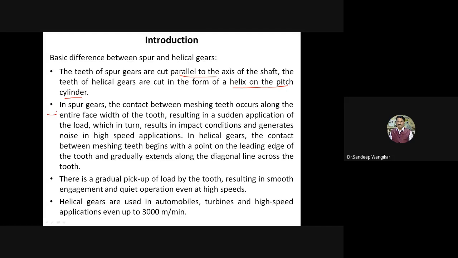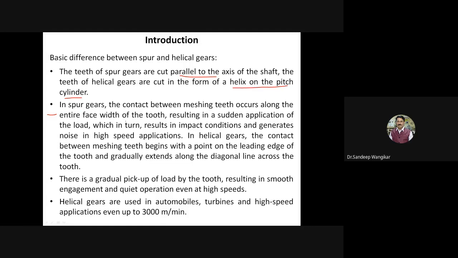Therefore, direct line contact is there, and the teeth mesh with each other along the entire face width. So this is a line contact resulting in sudden application of load. One tooth applies the load on the other, which gives the impact condition and generates noise. So these are the four things mentioned.